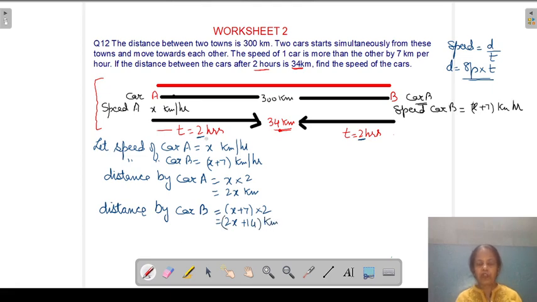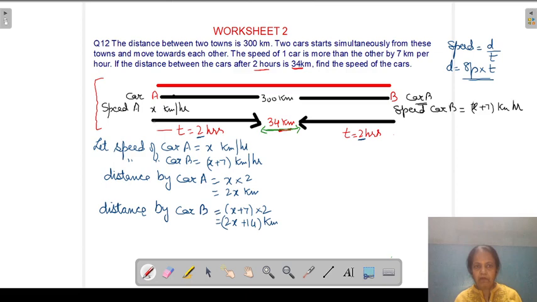The question is, car A is traveling for 2 hours and covering some distance. Car B is also covering some distance. And after 2 hours, there are 34 kilometers left in between. So the concept we have to use here is that this distance is 34 kilometers.